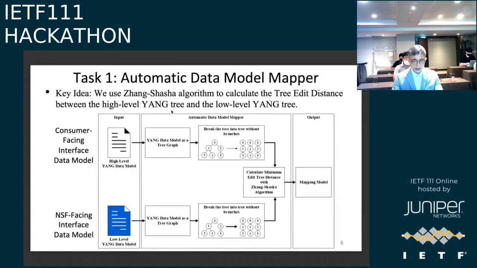We want to map between the variables of the high-level YANG module and the low-level YANG module in terms of YANG trees. We are using the Zhang-Shasha algorithm to calculate the tree edit distance, to minimize the distance between YANG variables as tree nodes, and then we can map.